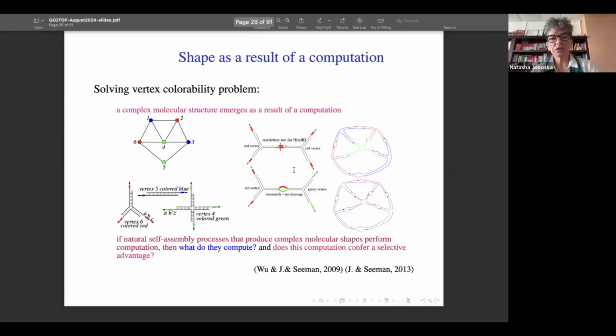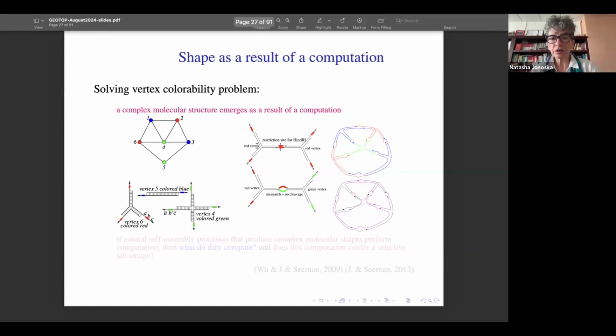So the way we designed it was that when 2 vertices join together with the same color, so the complementarity sticks together completely, then we encoded a restriction enzyme inside, and in particular for red, say it's HinT 3, the enzyme will actually cut this edge.